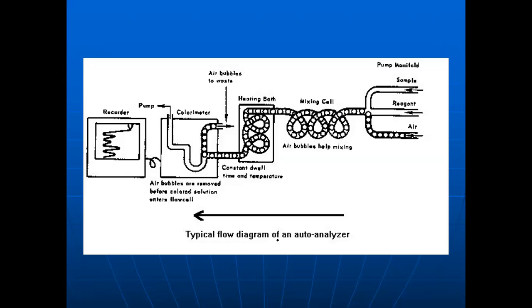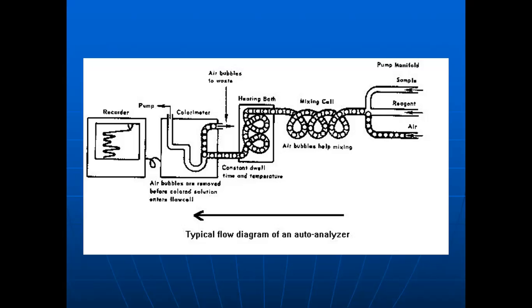This is the typical flow diagram of an auto analyzer, students. Air bubbles are introduced whenever we feed a sample here. Some reagents will be fed here, and some air will be there. All of this will mix here, with the help of the air bubbles. Mixing takes place, and again it goes here to the heat bath, with some constant swirling.